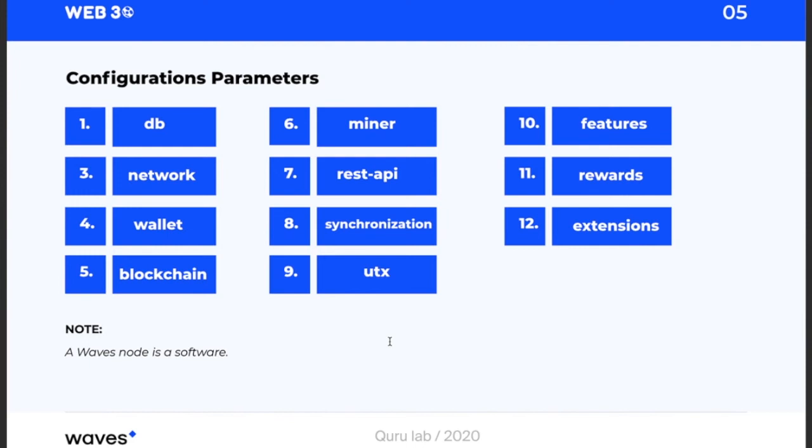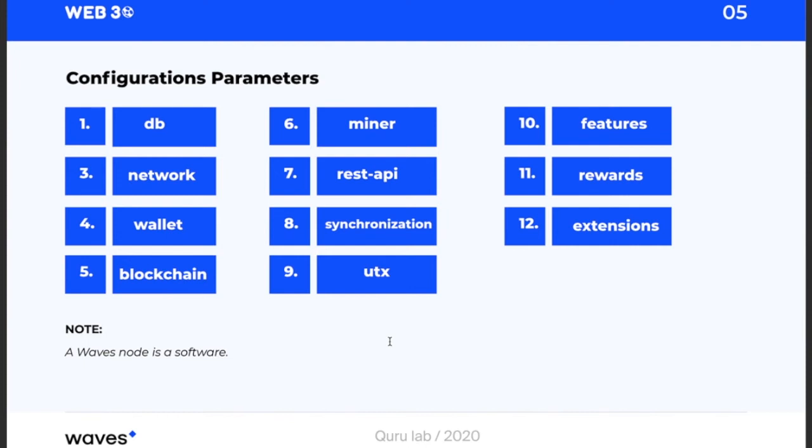Now, when you mine a block, this block is added to the blockchain, and through the Waves node, that block has to be synchronized so that every other node on the network can have that copy of the transactions you as a node have validated. So on this network parameter, it is where you define how nodes can interact with each other.